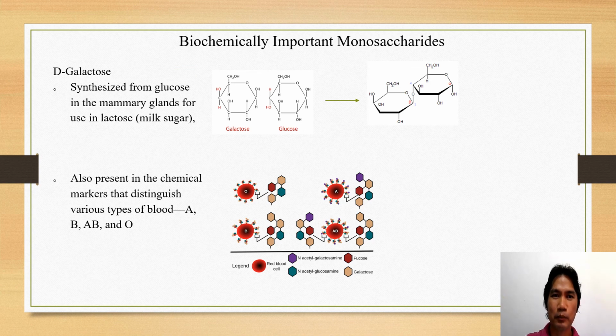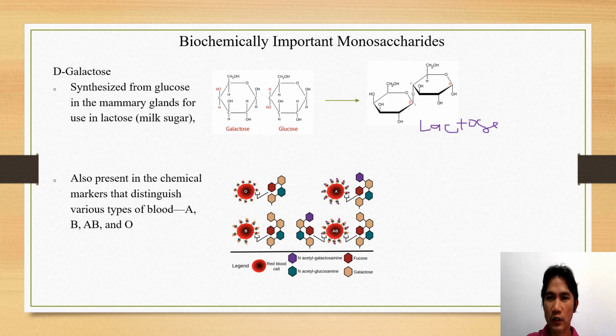Galactose is another important monosaccharide. Galactose is synthesized from glucose in the mammary glands for the production of milk. Galactose is a component of a sugar called lactose. This is the structure of lactose.